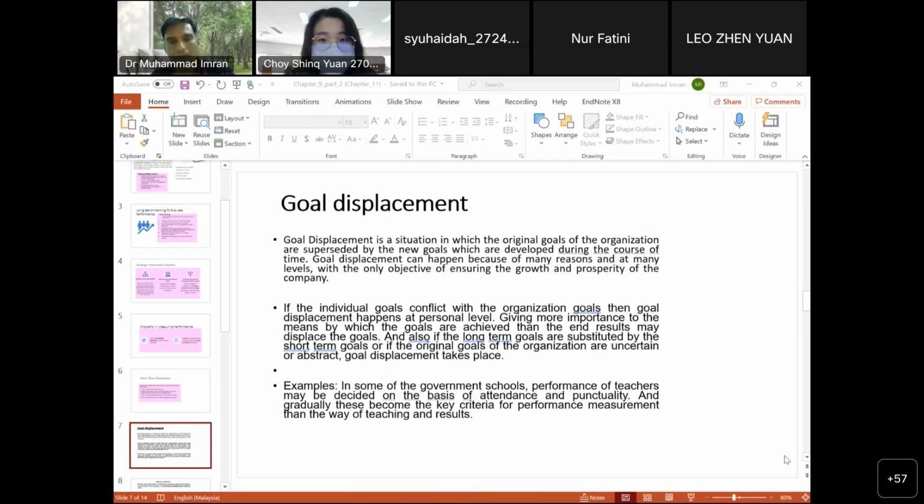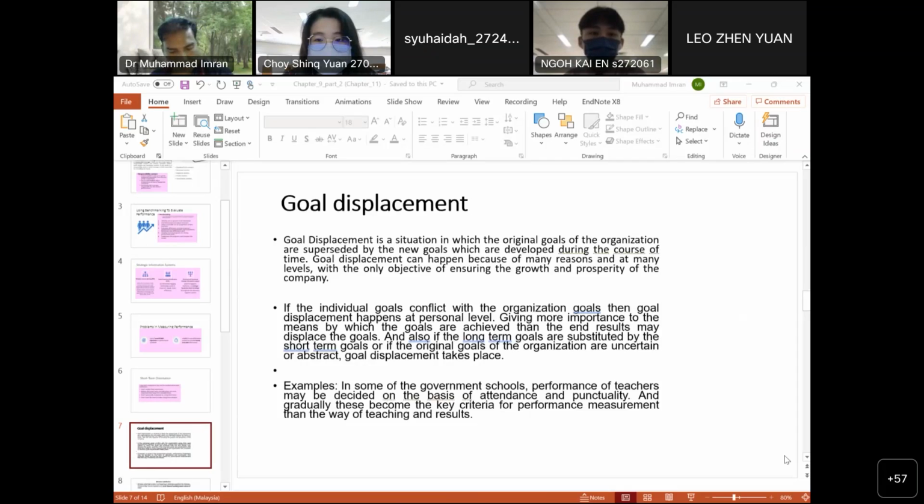Goal displacement is a situation in which the original goals of the organization are superseded by new goals which are developed during the course of time. Goal displacement can happen because of many reasons and at many levels, with the only objective of ensuring the growth and prosperity of the company.